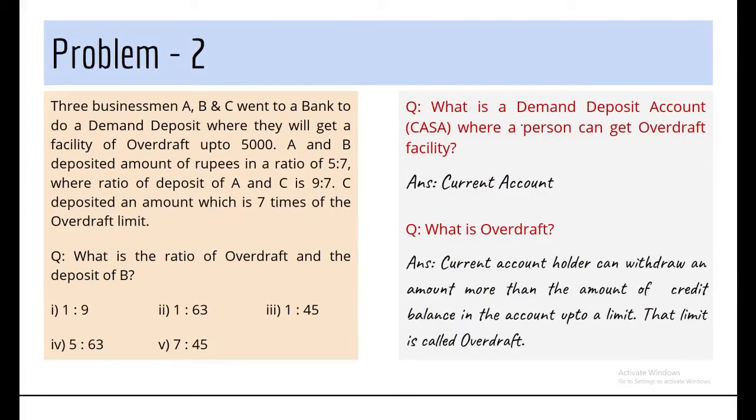Here we got a new term called demand deposit, and demand deposit accounts are called CASA accounts, where CA is current account and SA is savings account. Demand deposit accounts are not bound to a limited period of time. We can deposit and withdraw anytime. That's why these are called demand deposit accounts, not term deposit accounts.